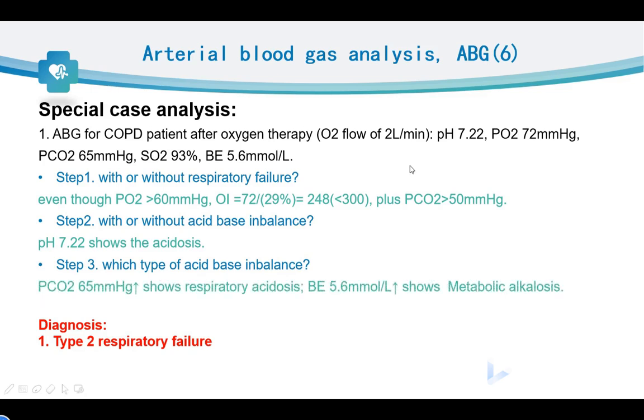We can know that the partial pressure of the carbon dioxide is significantly increased, which shows a respiratory acidosis. But the BE also increased too, which shows a metabolic acidosis. In this condition, we can conclude a respiratory acidosis plus a metabolic acidosis. That's the integrated analysis for an ABG report.